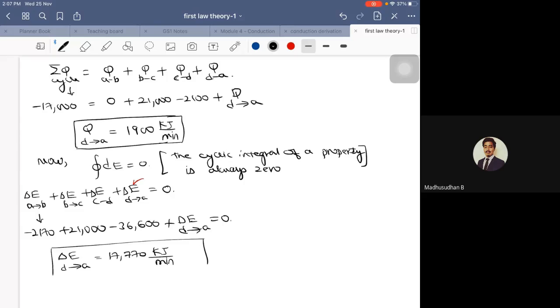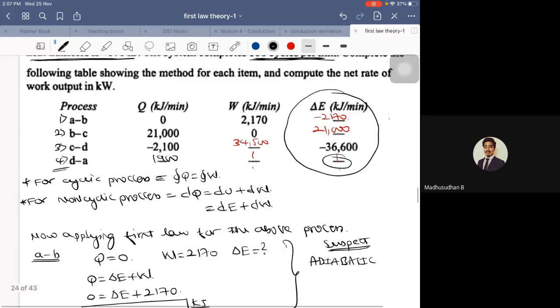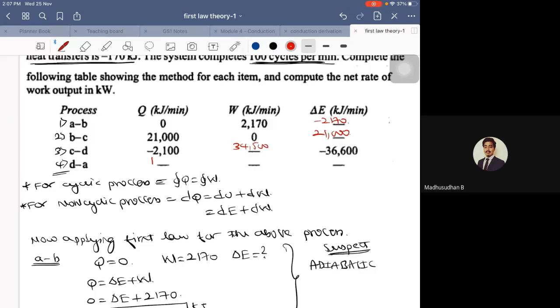So I will update this back again here. This was 1900, right? And what is the value of W? W I need to calculate.